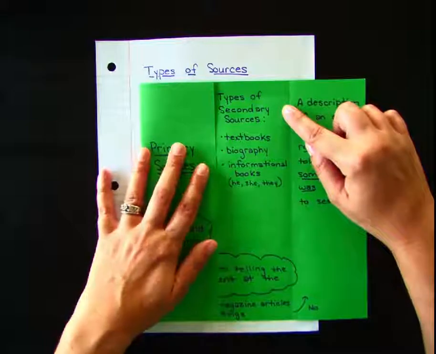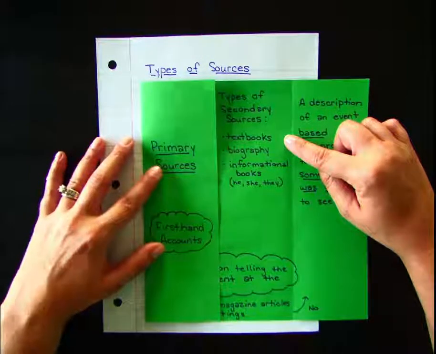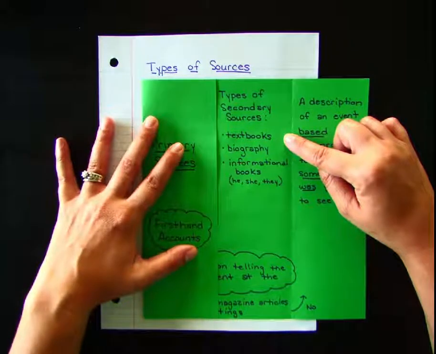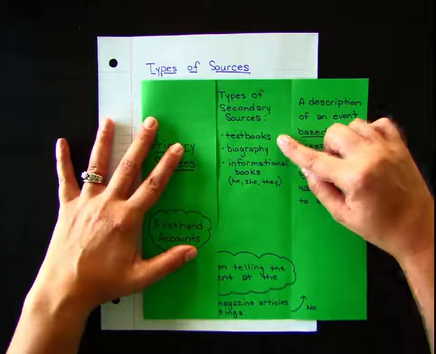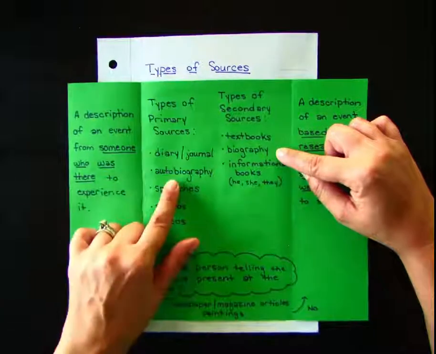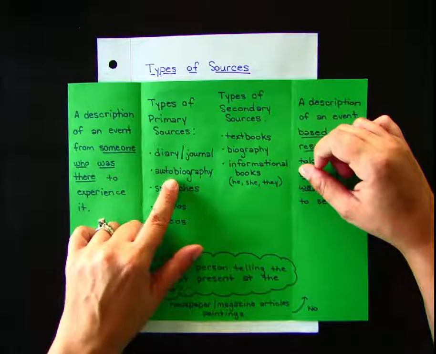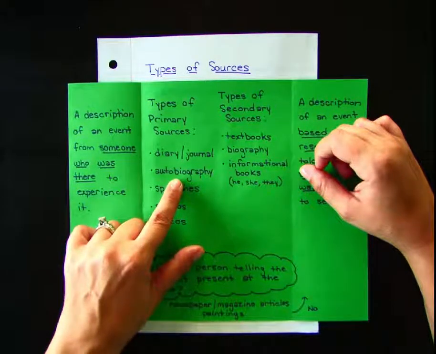Okay, and some types of secondary sources, I've started the list for you. You can certainly add more to it because these are not the only types. Textbooks are secondary sources. Biographies are secondary sources. Remember we talked when we did primary sources about an autobiography. That means you yourself are writing a book about yourself.